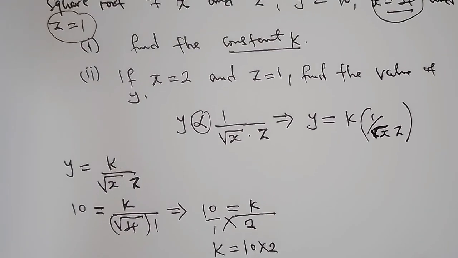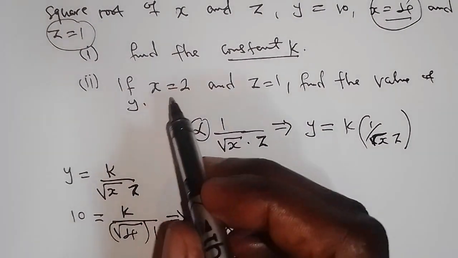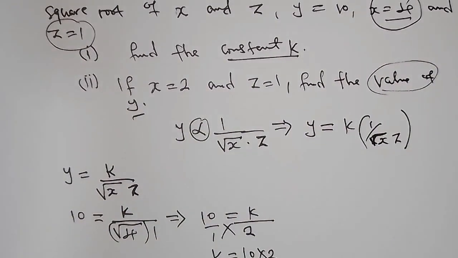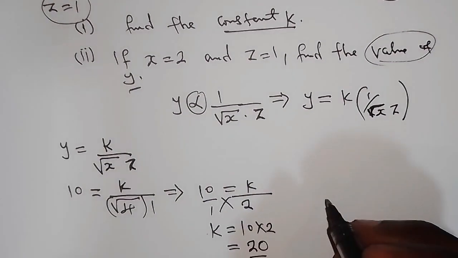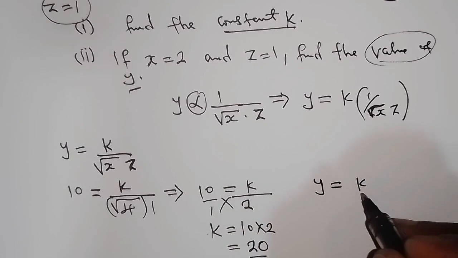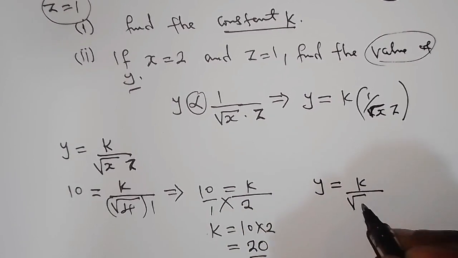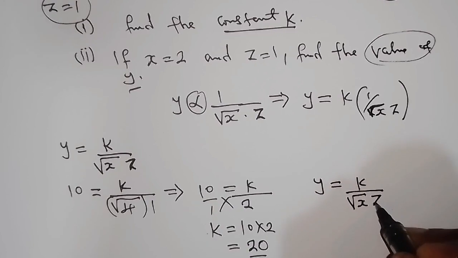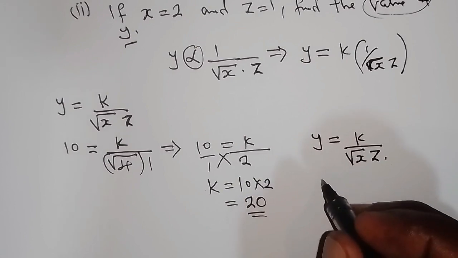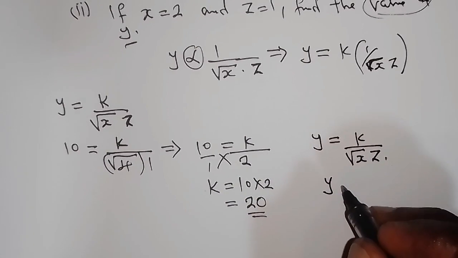And then number 2, now they're saying find the value of y. So to find the value of y, you still use the same equation, y equals k over root of x multiplied by z. Now y is what you're looking for.